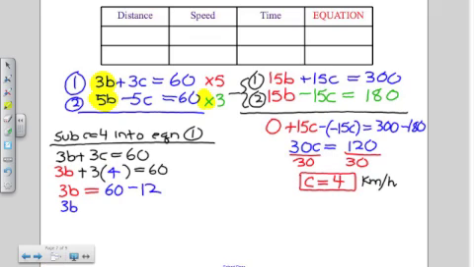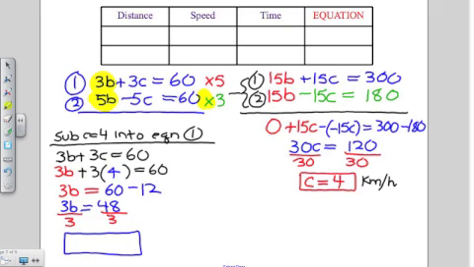So 3b is equal to 48, and when we divide both sides by 3, you get a final answer, that b is equal to 16 kilometers per hour.